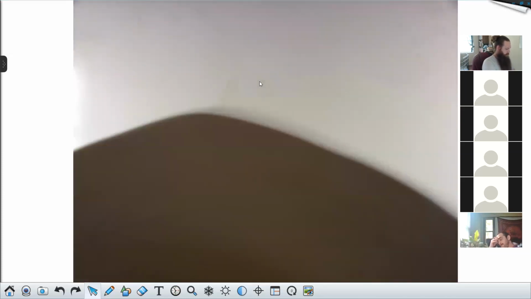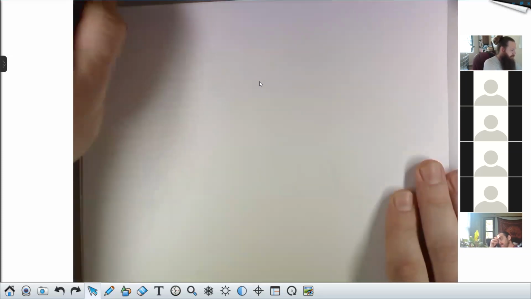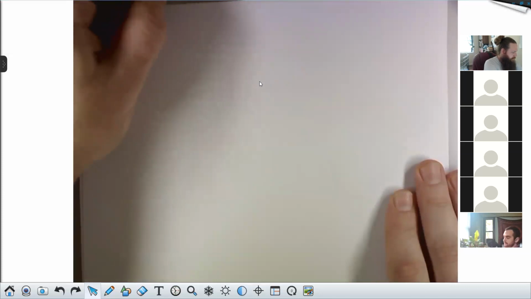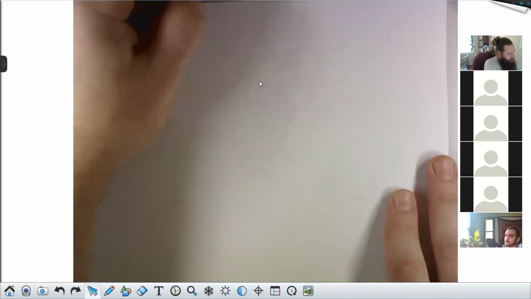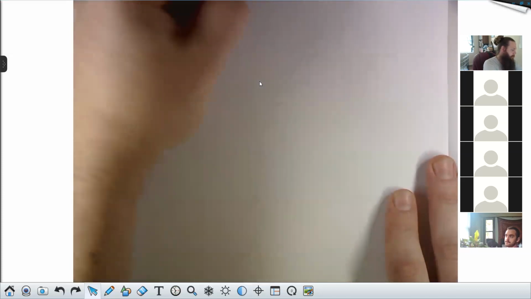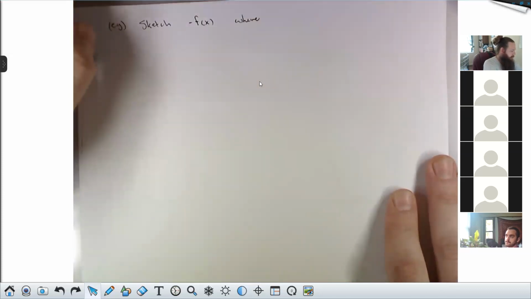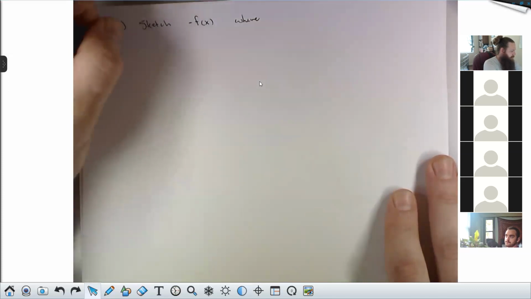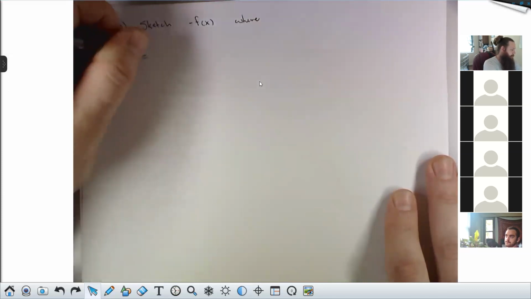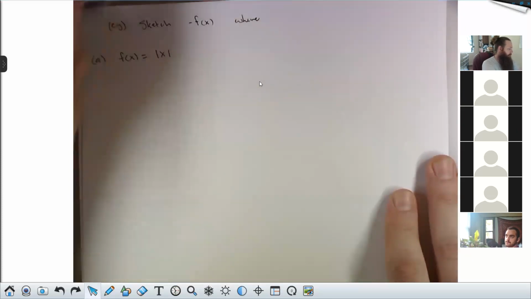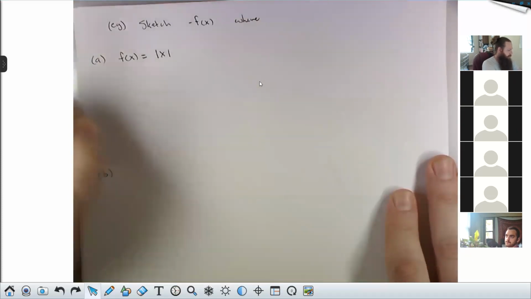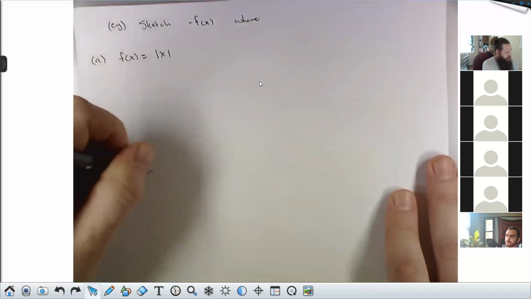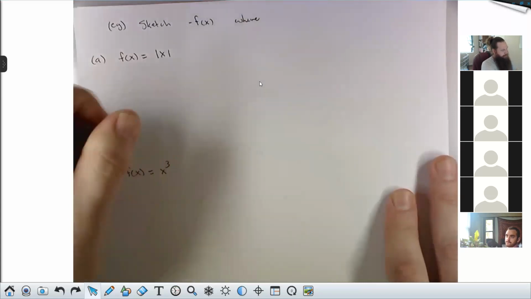Let's sketch a couple vertical reflections. I'll just do 2 of these. And we'll do x cubed again.